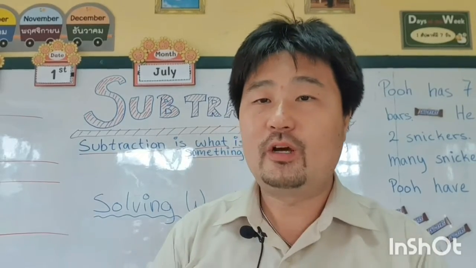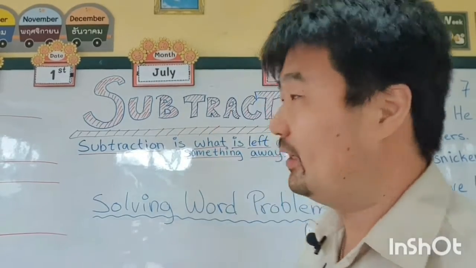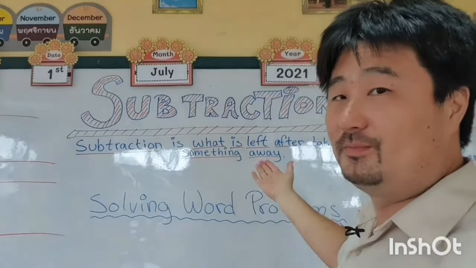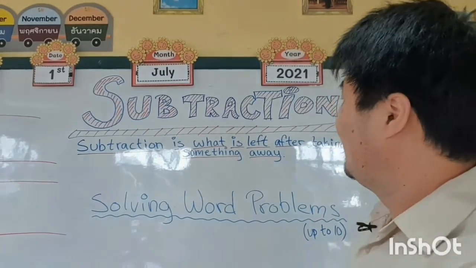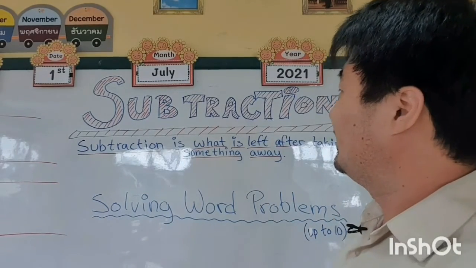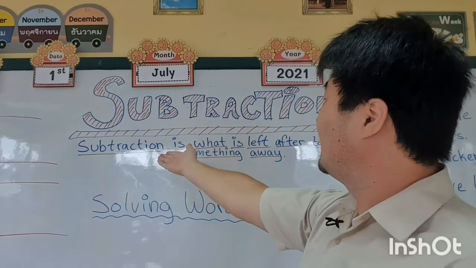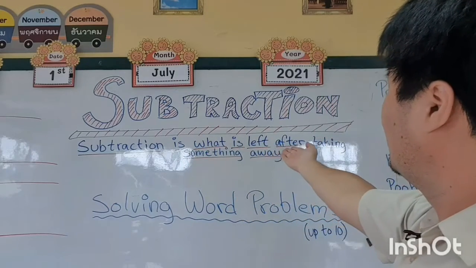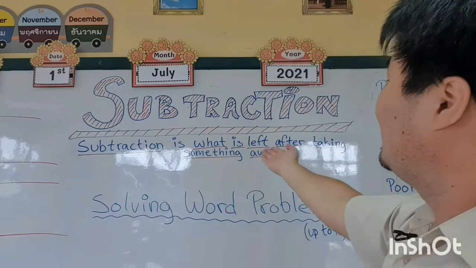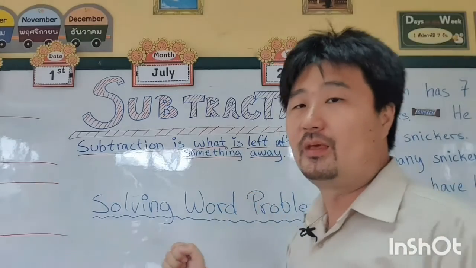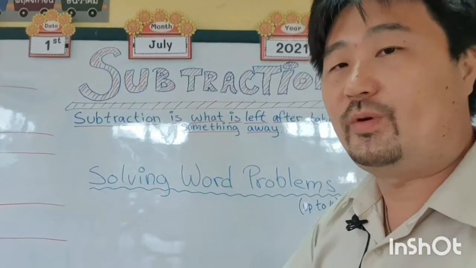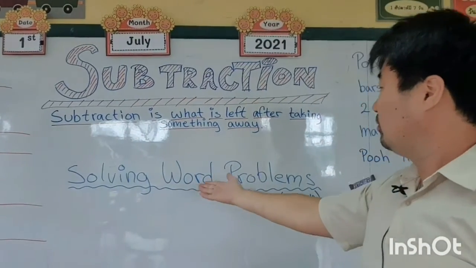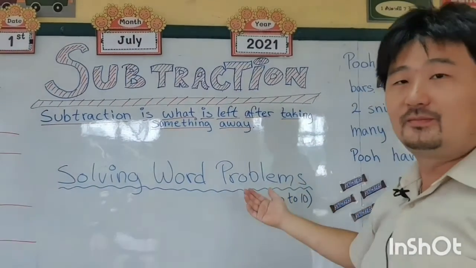So, we are going to continue to work with subtraction. Okay? And let's repeat what subtraction means. Subtraction is what is left after taking something away. And today we are going to work with solving word problems.